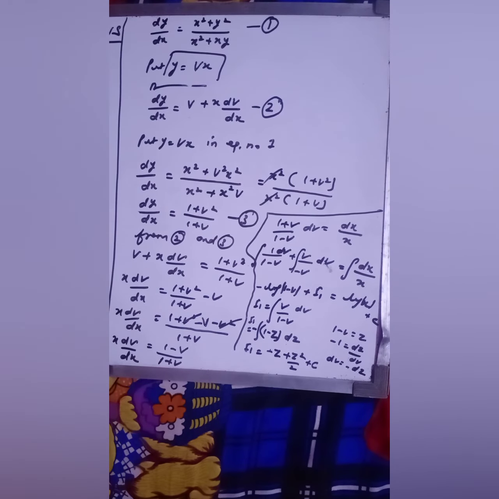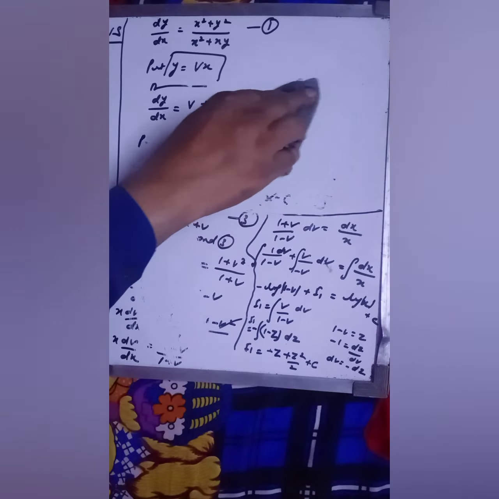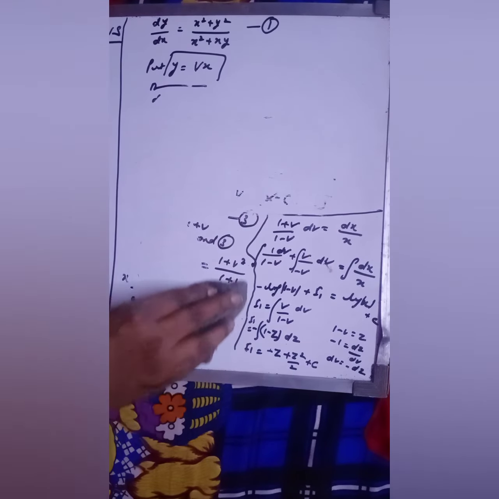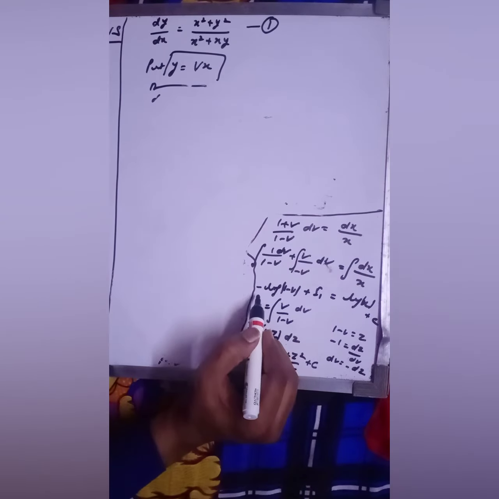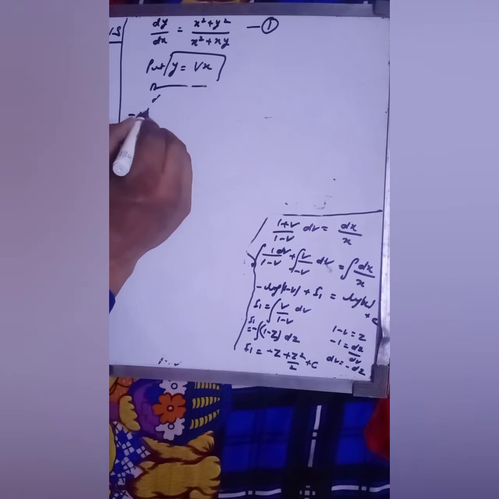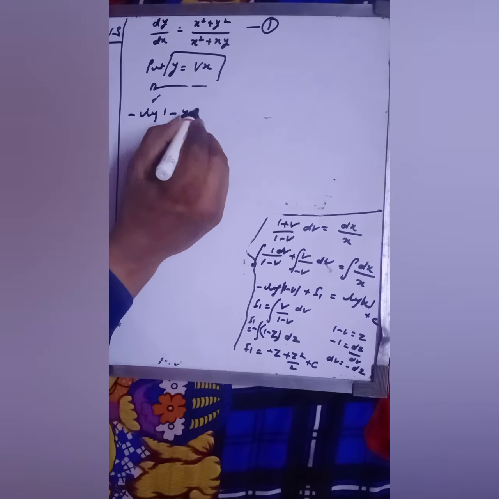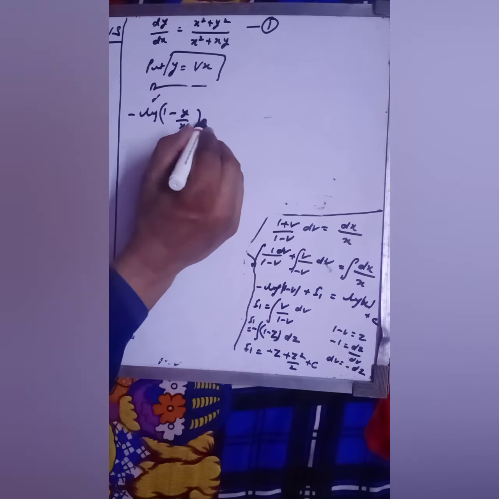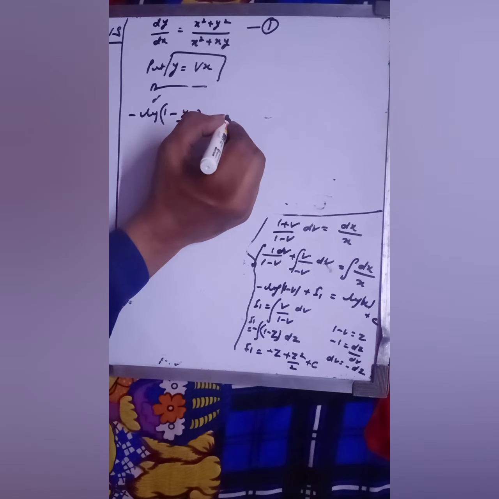So that portion I'm erasing. Now see. This is your main term now. So minus log (1 minus v) is, your y by x will come, plus I1. This is your I1. So minus z is your 1 minus v.